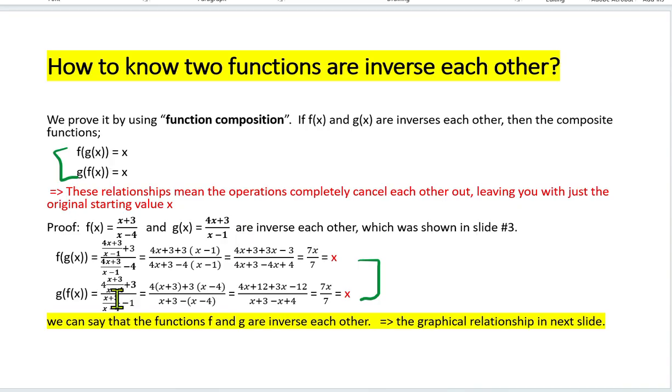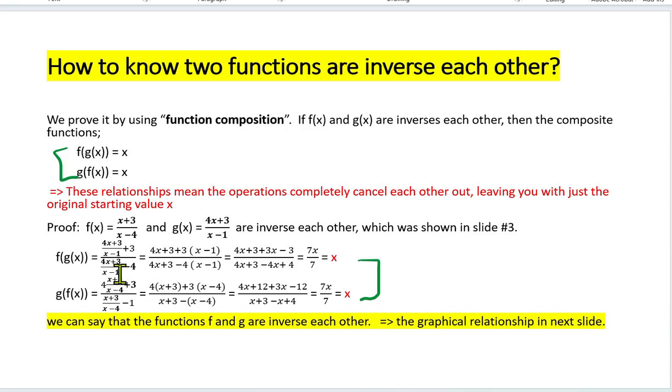So now we want to take the composite function f of g of x first. In the original function f of x, in place of the variable x, we plug in g of x. So in the numerator, we plug 4x plus 3 over x minus 1 in for x, and plus 3.